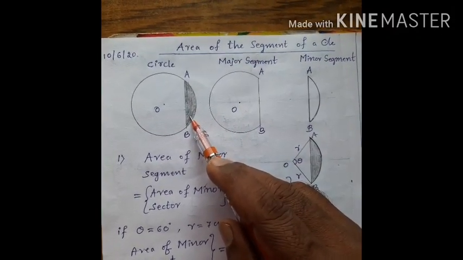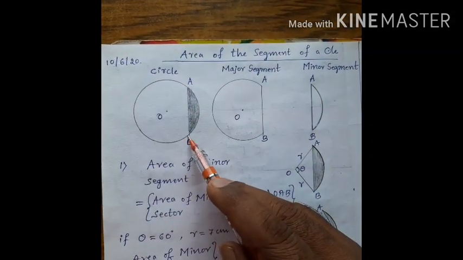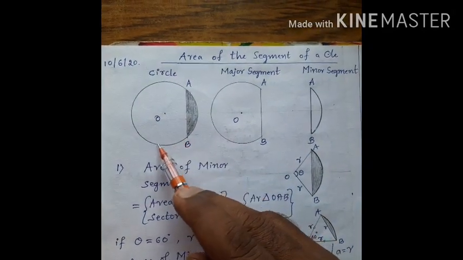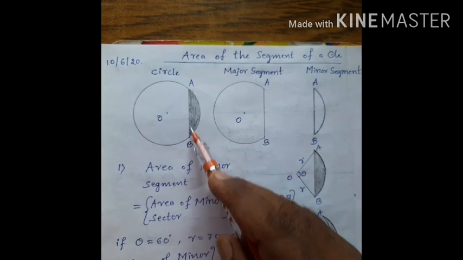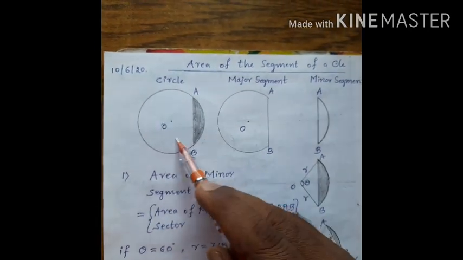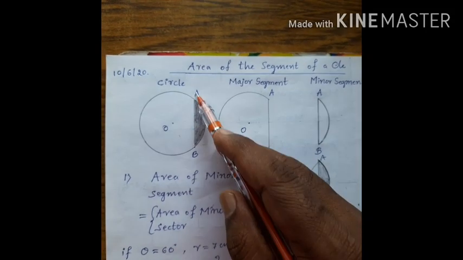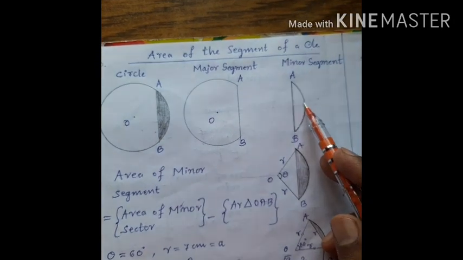Then this is the major arc and this is the chord. Therefore, the place covered by this chord and this major arc makes a major segment. Thus, when the chord AB is drawn, the circle is divided into two parts like this.